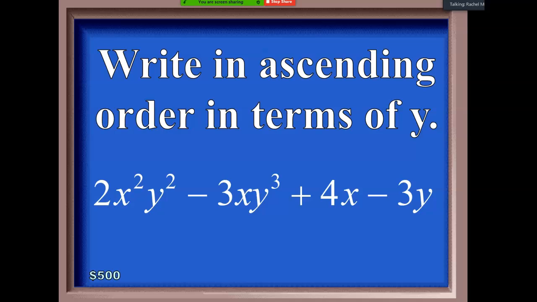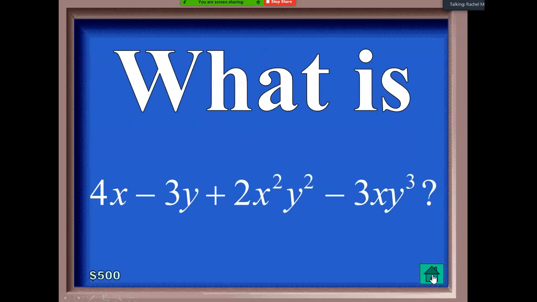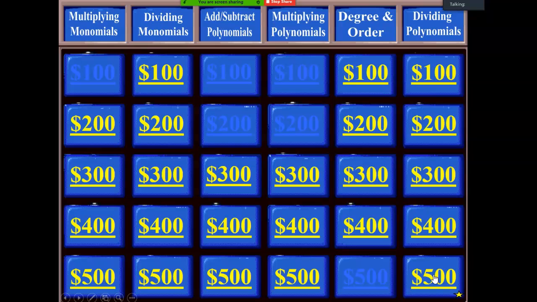So the highest y needed to be at the end. And just like that, group 2 is in the lead. So again, if it's in ascending order, the highest y went at the end. Okay, category and points go to Emily.